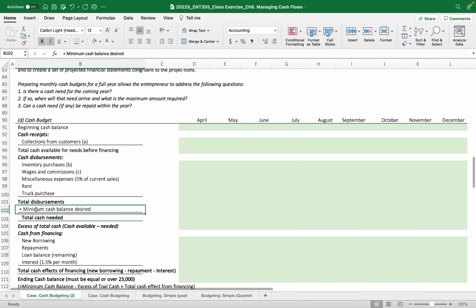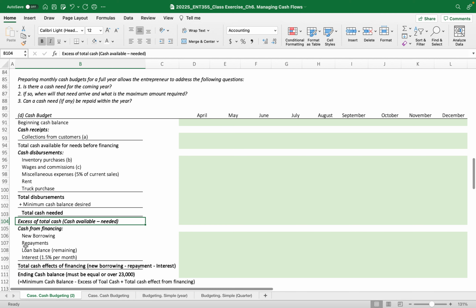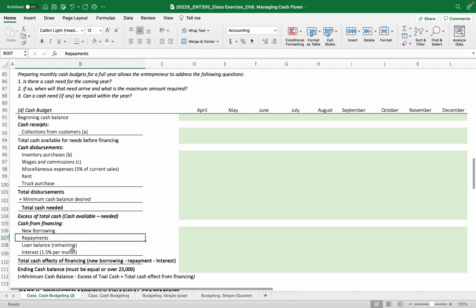And then the minimum cash balance desired, and we get the total cash needed. The difference between cash available and cash needed, if it shows a negative, then we need to get more financing, right? If it shows a positive amount, then we repay.